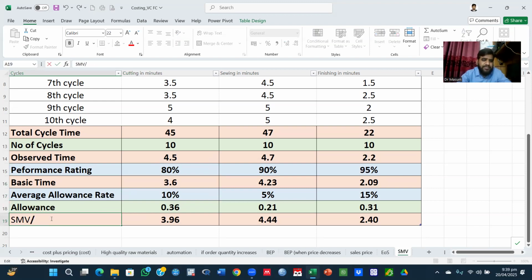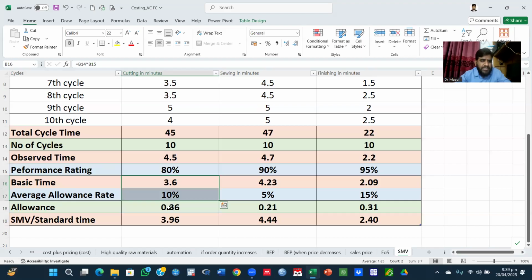This is also known as standard time. So the standard time: 0.36 is 10% of basic time, multiplied by the allowance rate.